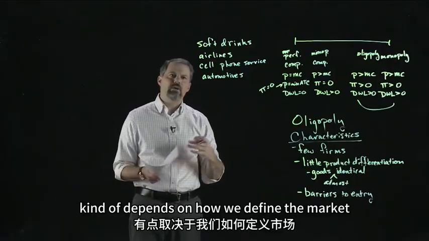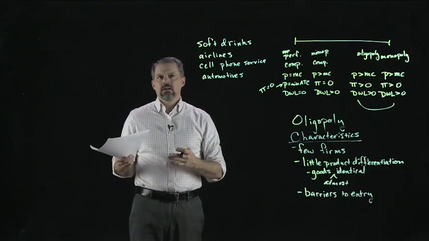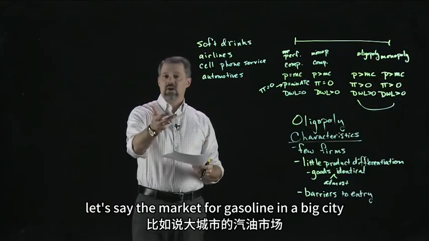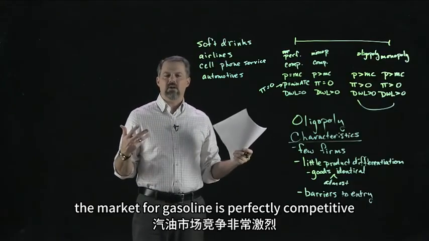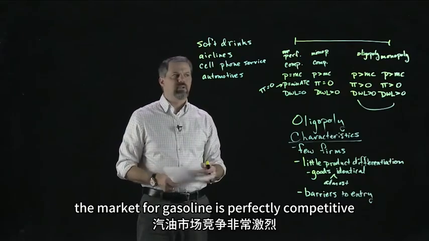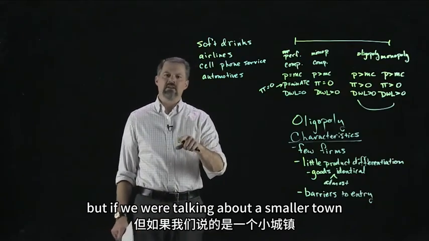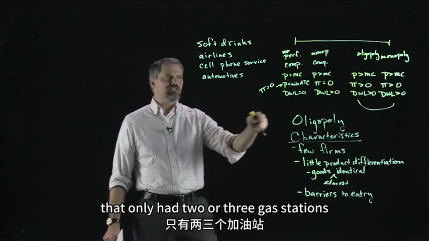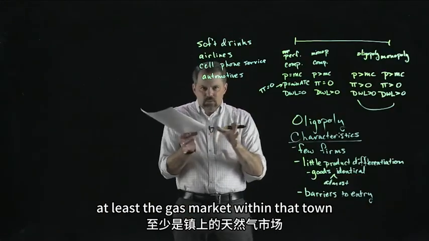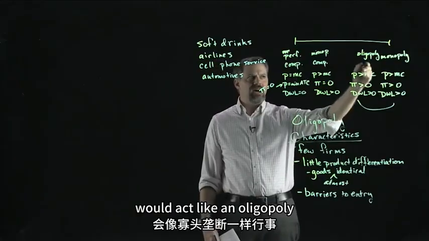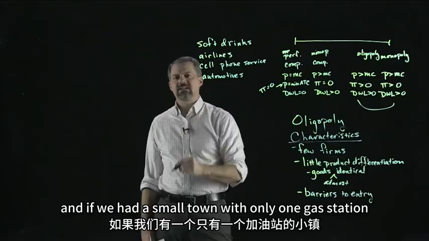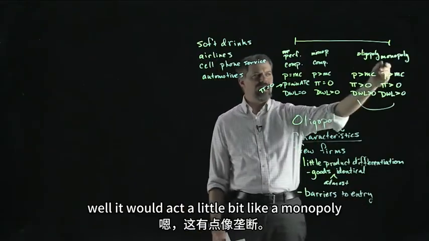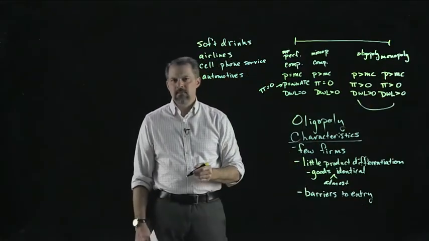It kind of depends on how we define the market. If we were thinking about the market for gasoline in a big city, the market for gasoline is perfectly competitive. But if we were talking about a smaller town that only had 2 or 3 gas stations, at least the gas market within that town would act like an oligopoly. And if we had a small town with only 1 gas station, it would act a little bit like a monopoly.